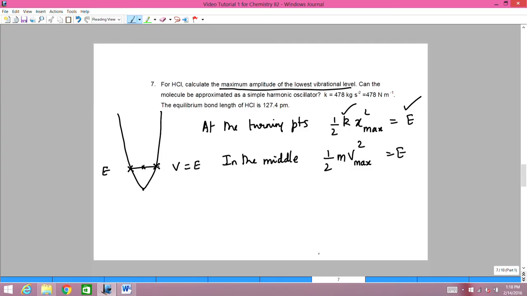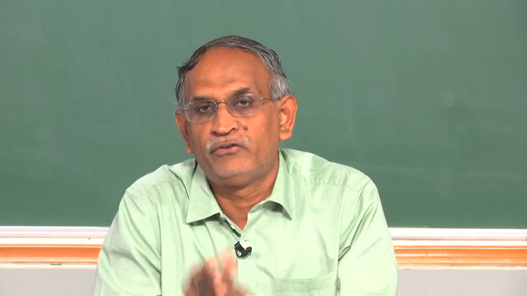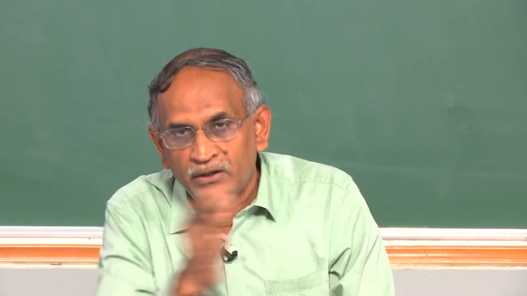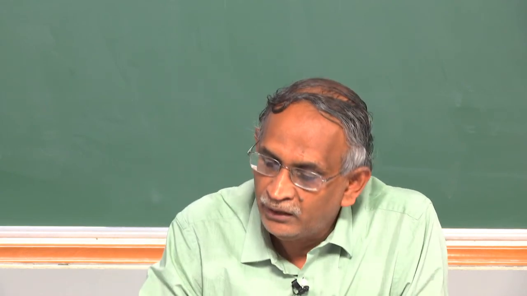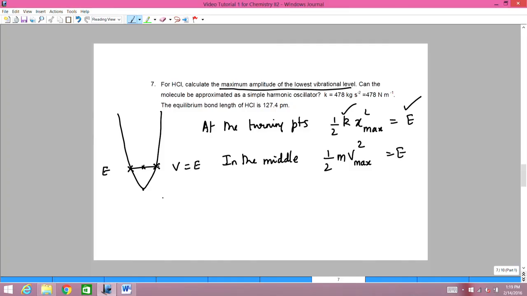If in a similar problem, somebody asks you what is the maximum vibrational velocity, what it means is that assuming that the molecule has no potential energy during that vibration, meaning it is right at the equilibrium during the vibration, what is the speed of the atom? This is a classical model. So, either way you can calculate. K is given as kilogram per second square.